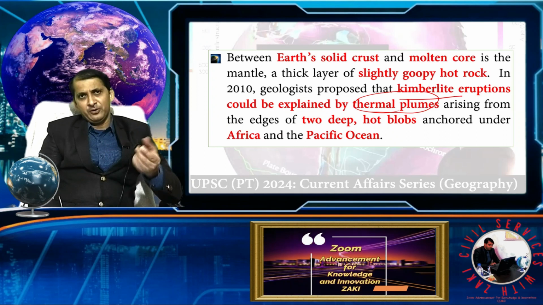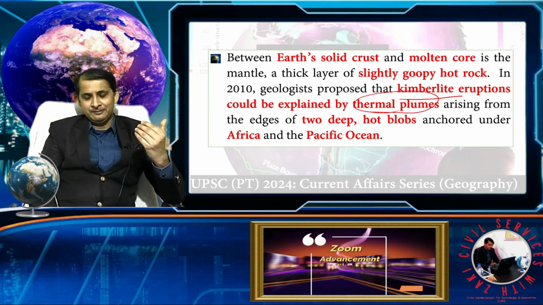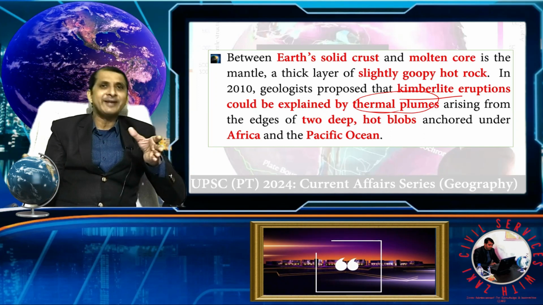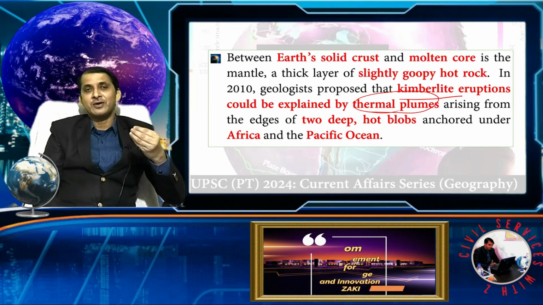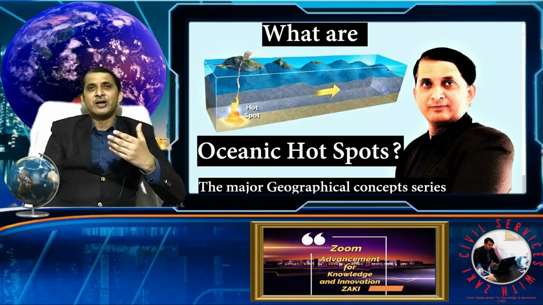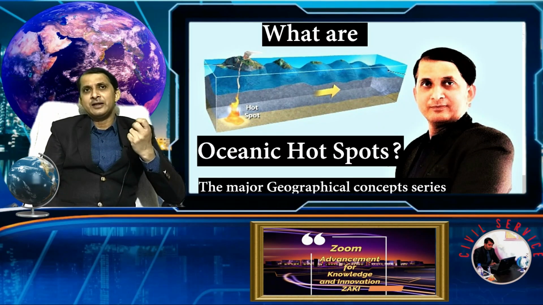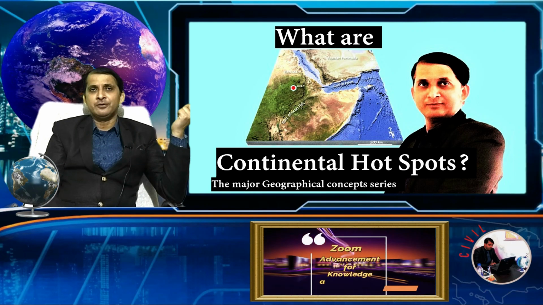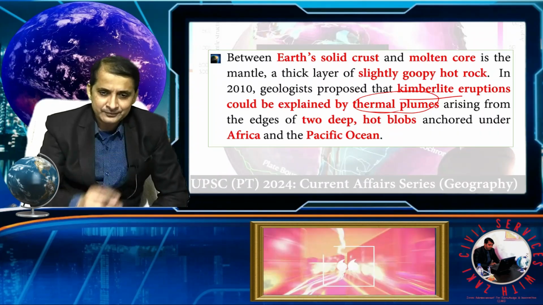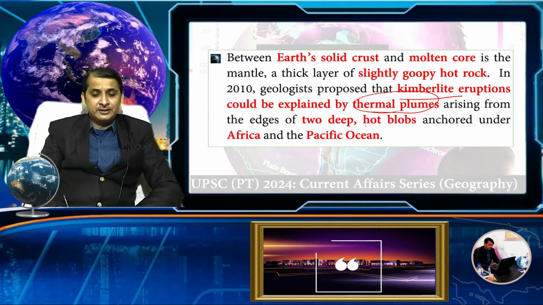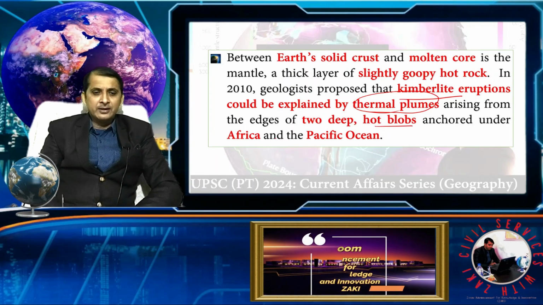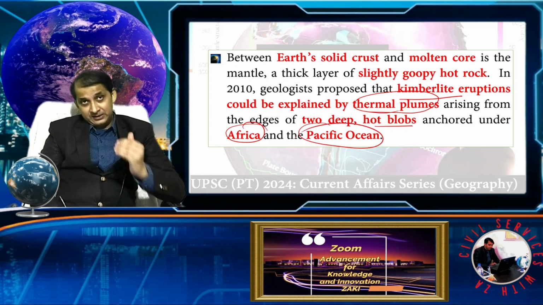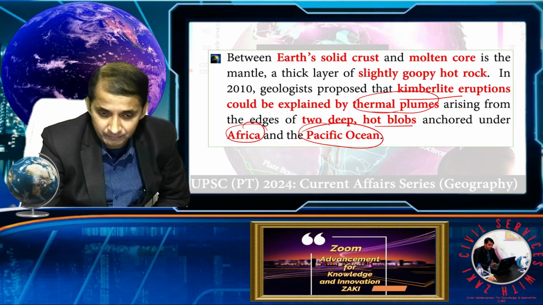If you want to know what thermal plumes and hot spots are, then you must watch our previous video on our channel, like the hot spot video. Basically, these are two deep hot blobs anchored under Africa and the Pacific Ocean. Scientists found these two blobs.